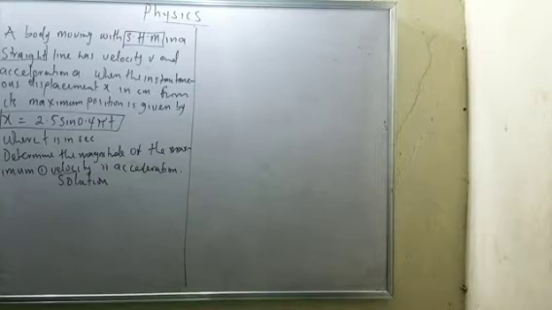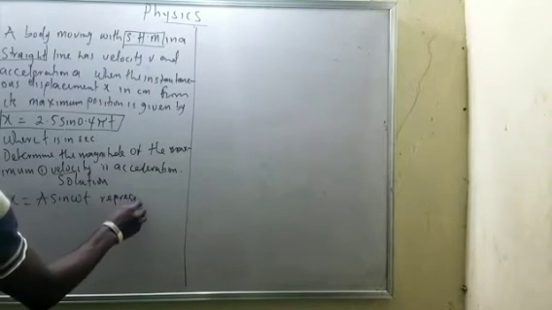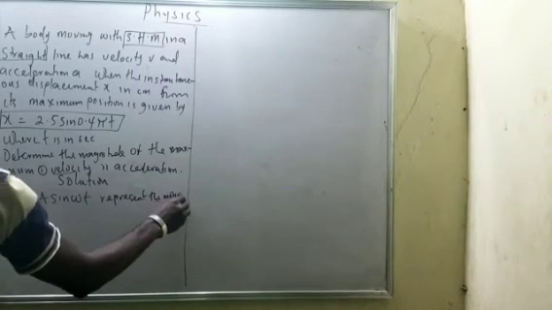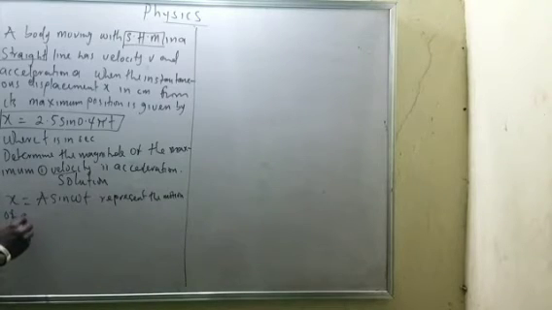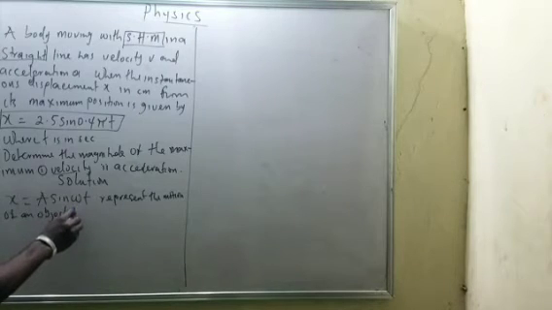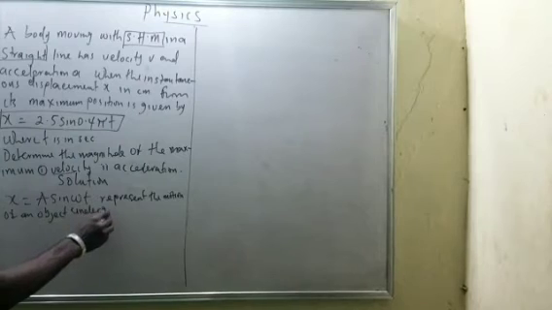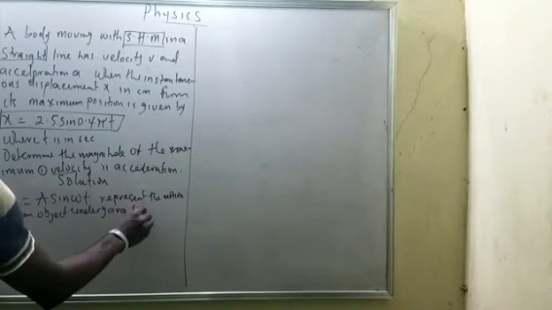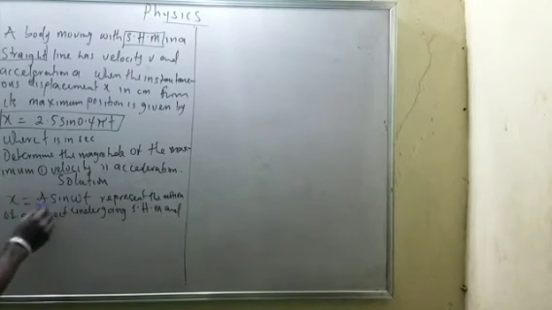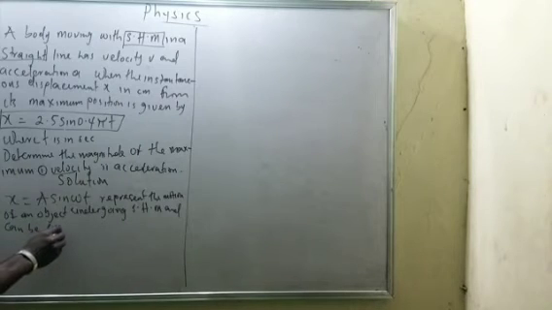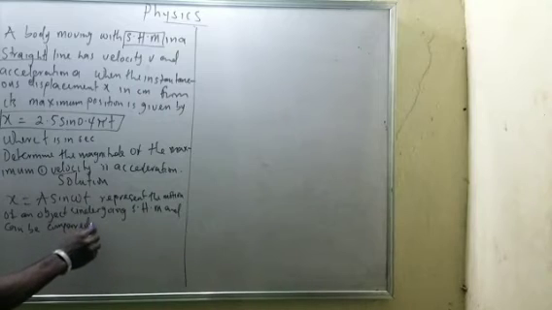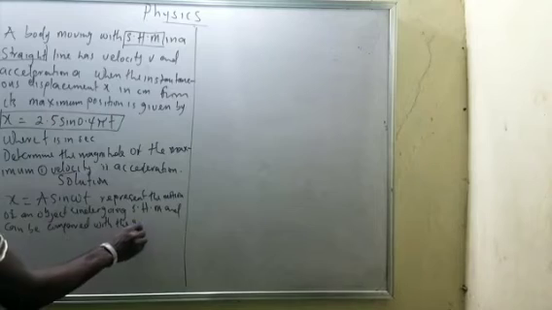How do I go? The first thing I would do is that my x from the equation x equals a sine of omega t, which represents the motion of an object undergoing simple harmonic motion, can be compared with the given equation.